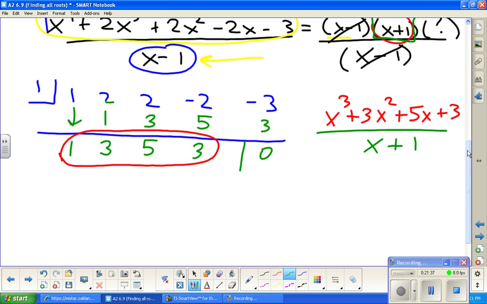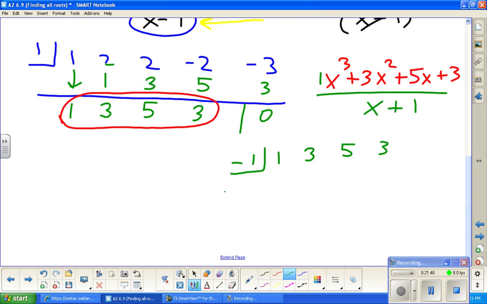So synthetically with that one, we would use a negative 1 in the box. Coefficients again are 1, 3, 5, 3. Okay, and we're going to go ahead and do synthetic. Bring down the 1. We're going to multiply 1 by negative 1, and then we add straight down to get 2.